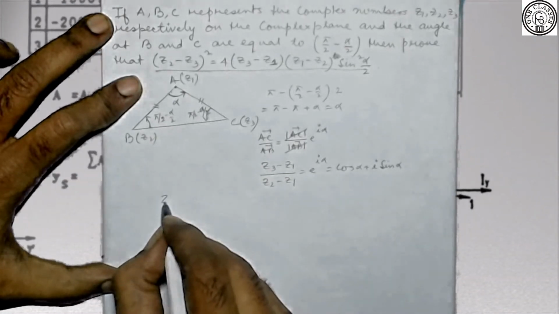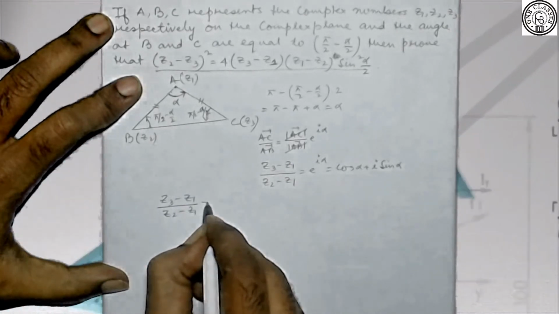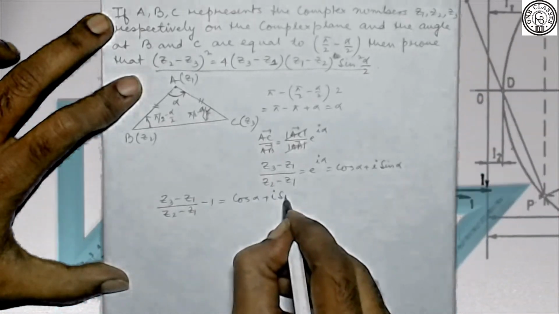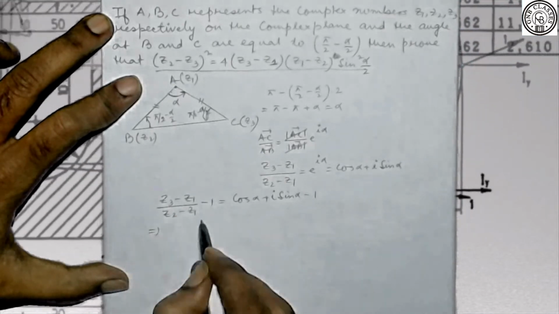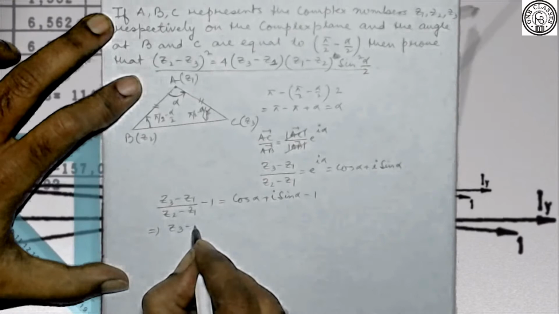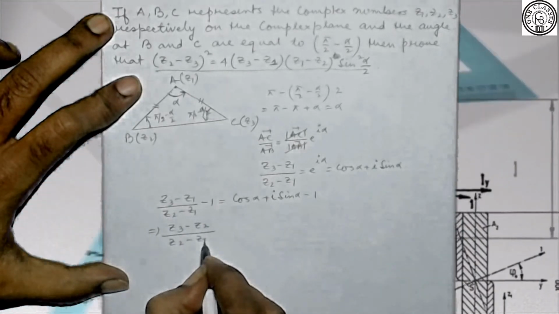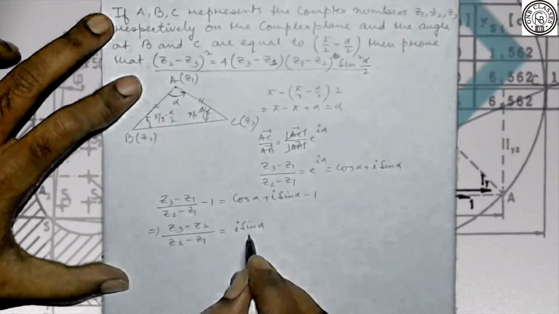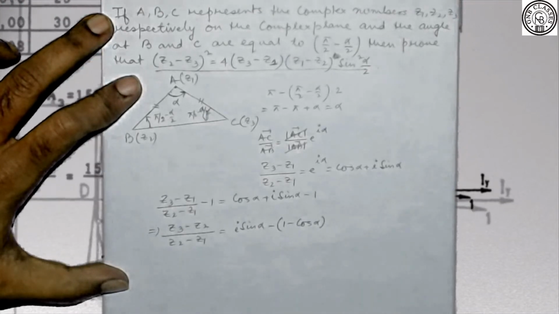So, if I simplify the left hand side, we are going to have (Z3 minus Z2) by (Z2 minus Z1), which equals iota sin alpha minus (1 minus cos alpha), right?